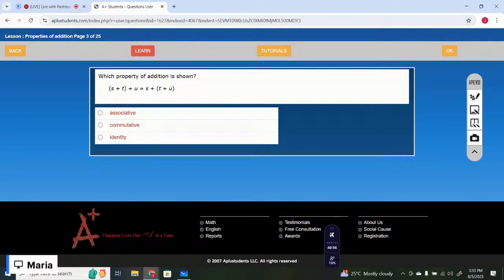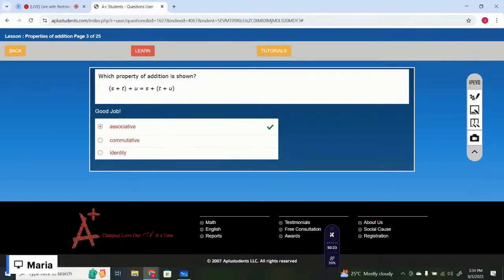Which property of addition is shown? S plus t plus u equals s plus t plus u. So which is the correct option? That is the associative property. Option number 1 is the correct option.